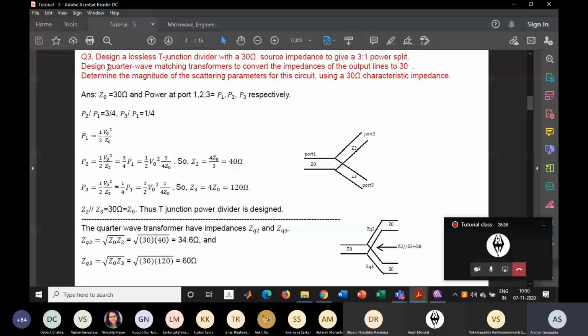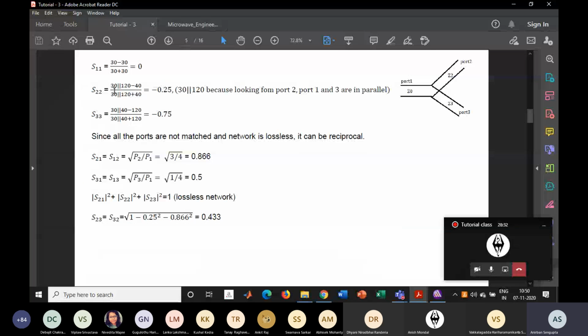Now you calculate the S parameters. So that's why you can find out that S22 and S33 are also unmatched, and it is showing some reflection. If it was matched, then there should be zero, as S11 is already matched. Okay, yes, sir. Thank you.